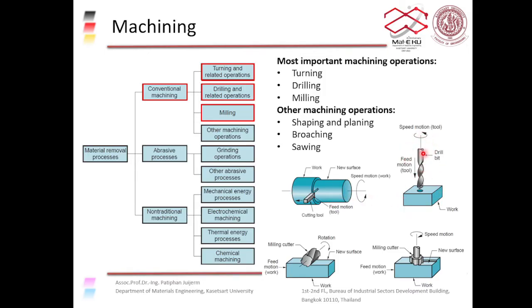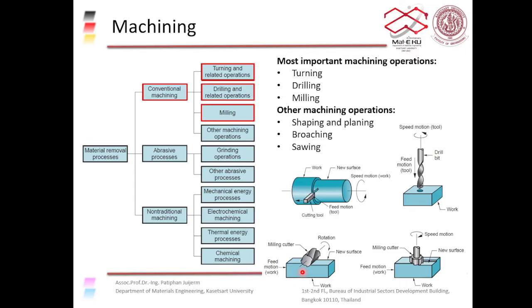Drilling is basically making a new hole in a piece of material. And milling is cutting, producing a new surface, usually a three-dimensional surface.